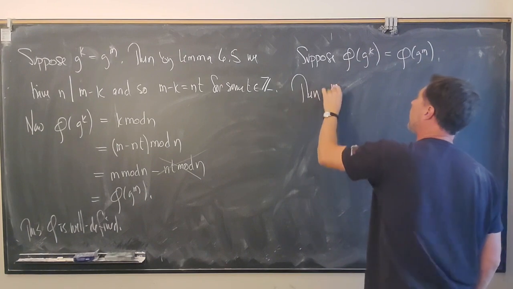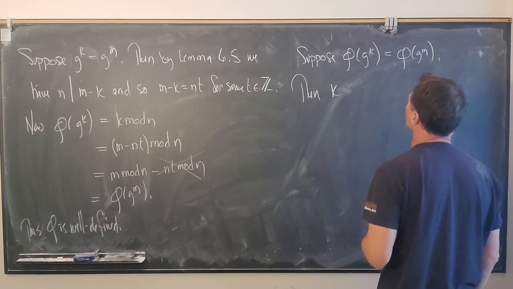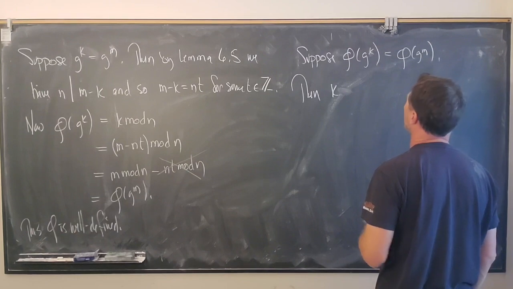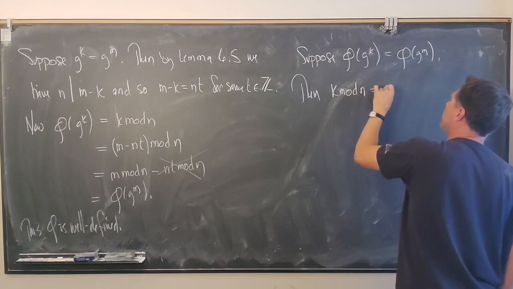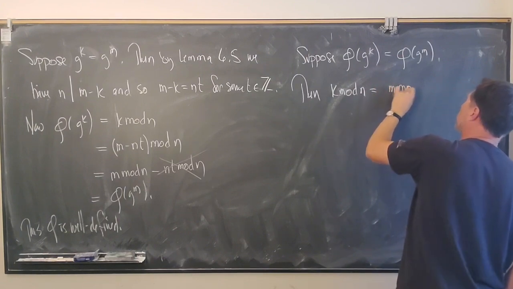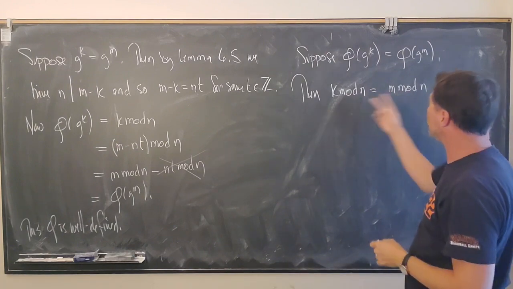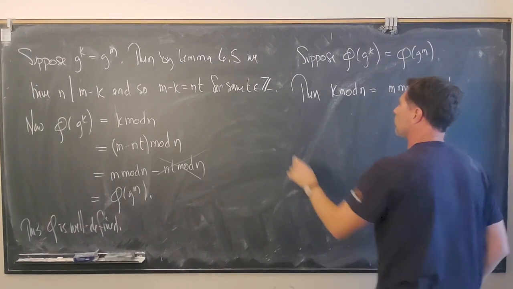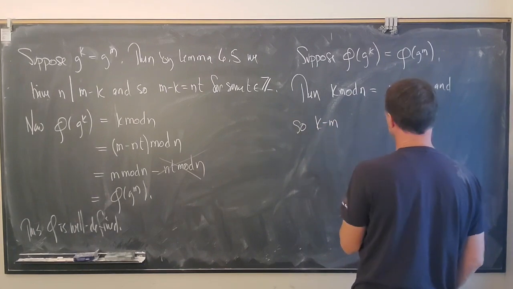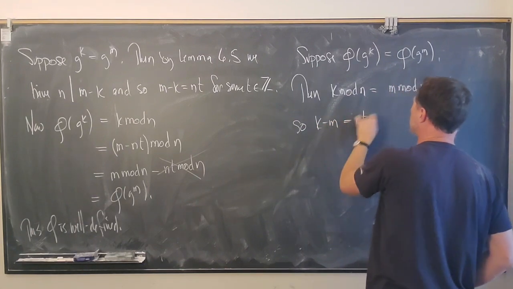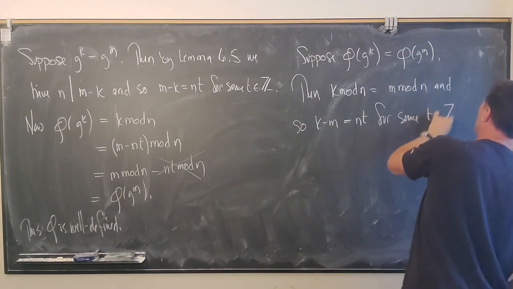It means that k mod n is equal to m mod n. That means their difference is a multiple of n, and so k minus m is equal to n times t for some integer t.